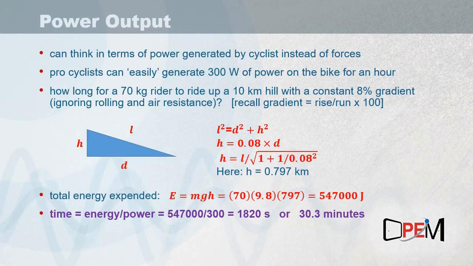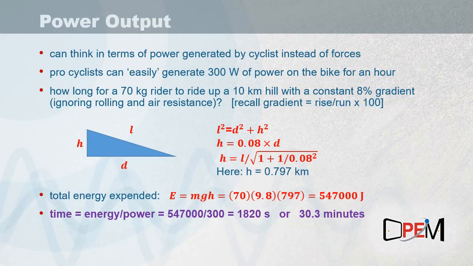So all I've done there is combine the first two equations, L squared equals D squared plus H squared, and H equals 0.08 times D, to eliminate D and then rewrite H in terms of L and those constants.